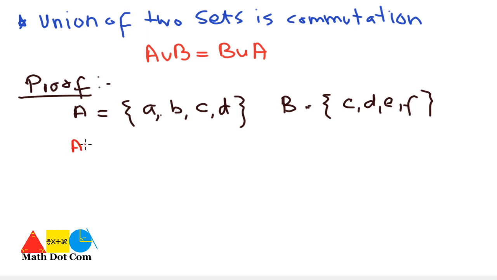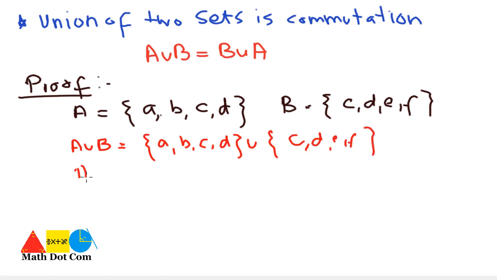First, we will find A union B, with A kept at the first place and then B. A union B will be {A, B, C, D, E, F}.